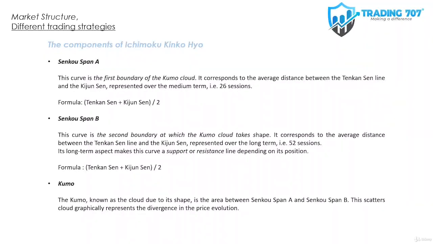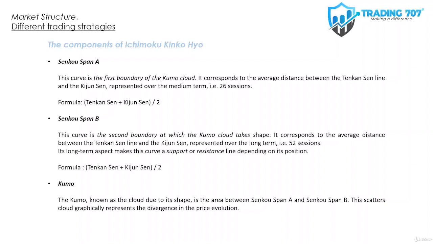About the Senkou span B, this curve is the second boundary at which the Kumo cloud takes shape. It corresponds to the average distance between the Tenkan sen and the Kijun sen, represented over a long-term period, 52 sessions. Its long-term aspect makes this curve a support or a resistance line depending on its position.